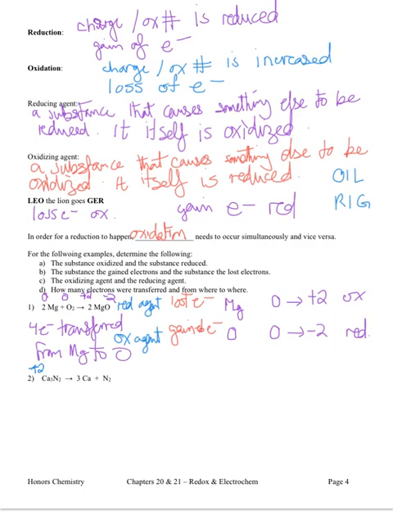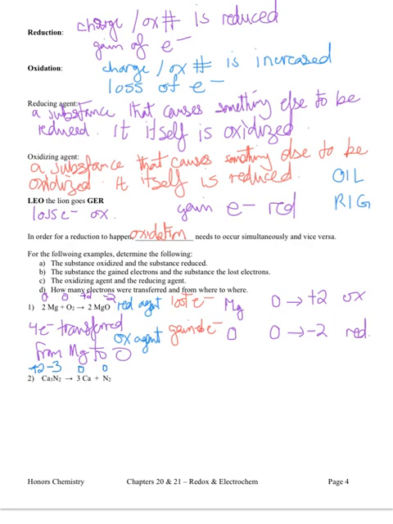Well, there's no rule for nitrogen, but in order to make that compound neutral, each nitrogen there needs to be -3. Okay, let's look at the products. That calcium is by itself, it's in its elemental form, so it would have an oxidation state of 0. And that nitrogen also is by itself in its elemental form, so it has an oxidation state of 0 as well.